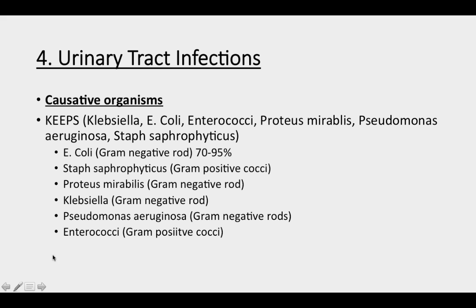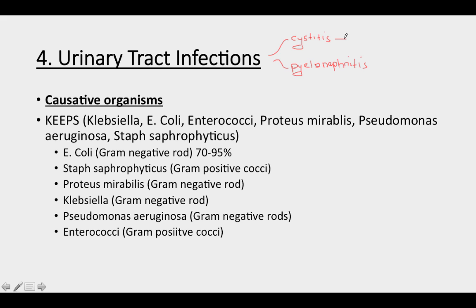So the last infection we're going to talk about are the urinary tract infections. Urinary tract infections are typically broken up into cystitis and pyelonephritis. Cystitis is typically an infection limited to the lower urinary tract, so literally it means inflammation of the bladder.